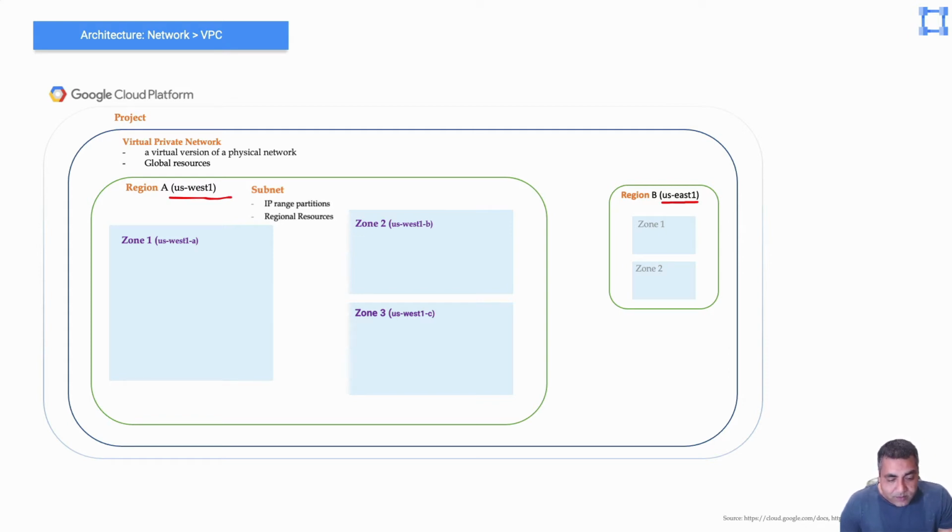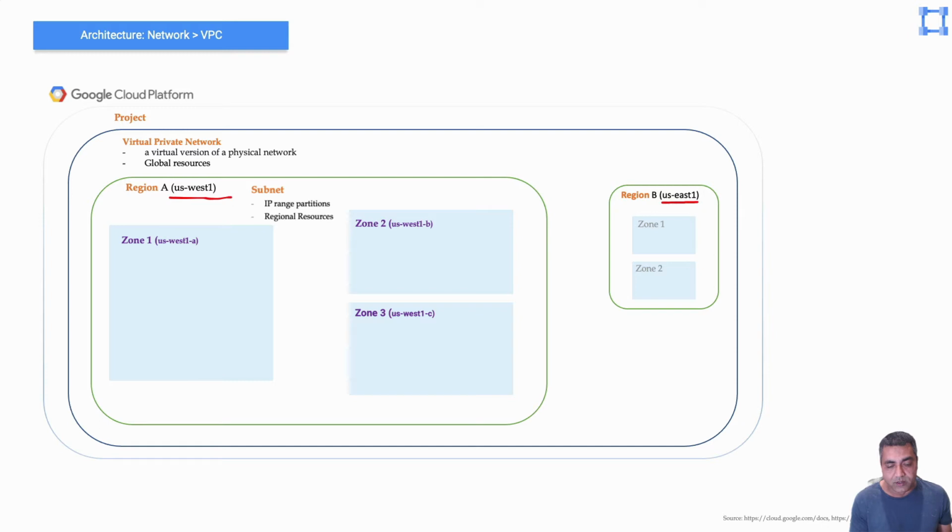So when you create a VPC network, Google Cloud offers 2 types of VPC networks, which are the auto mode VPC network and the custom mode VPC network. Now, when you create a VPC, basically it's created with the auto mode network. So you will have one subnet for each region automatically created with it.